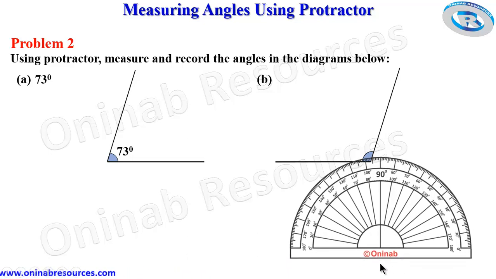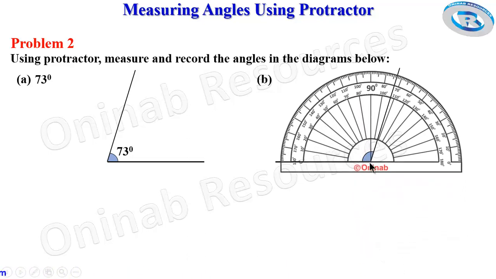So we place the protractor. You can see that the point of intersection of the two lines that form the angle and the point of intersection of the horizontal and the vertical lines of the protractor coincide. Then the horizontal line covers the baseline of the angle.